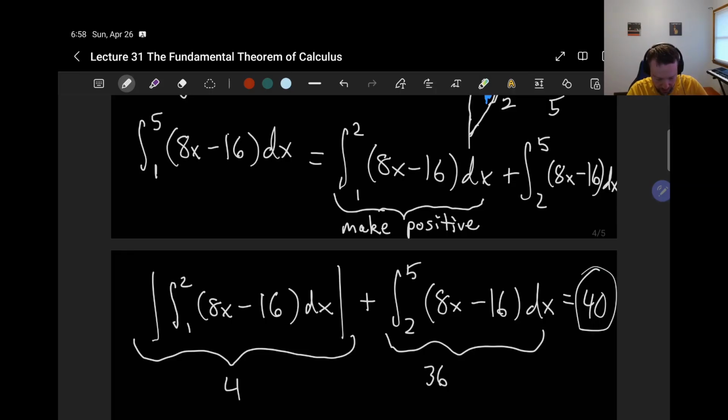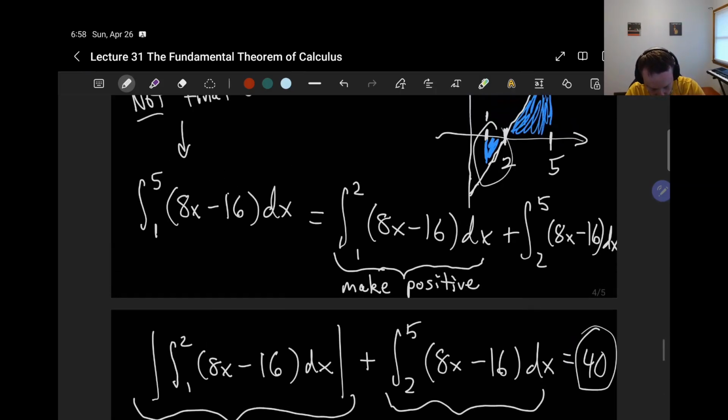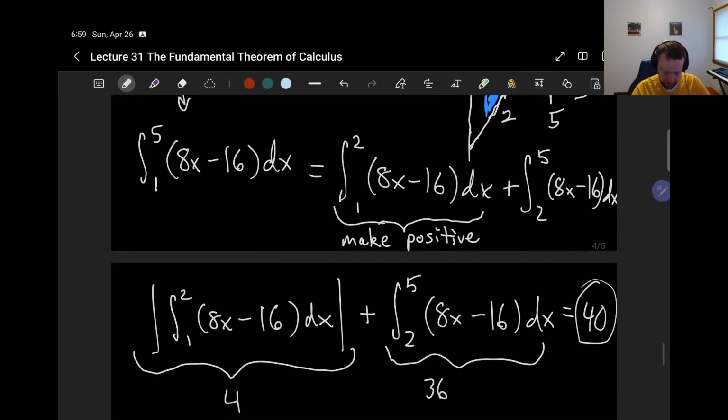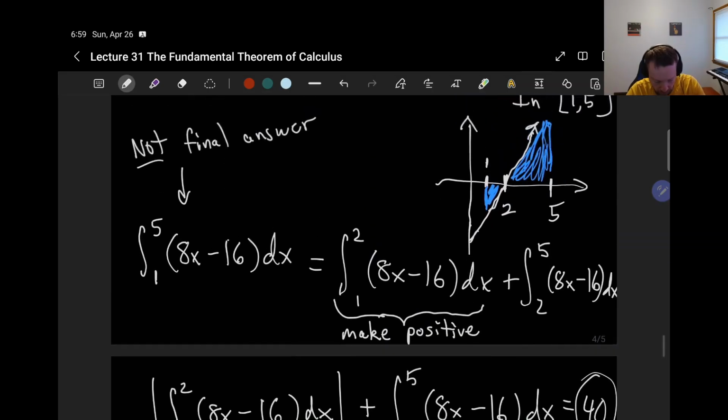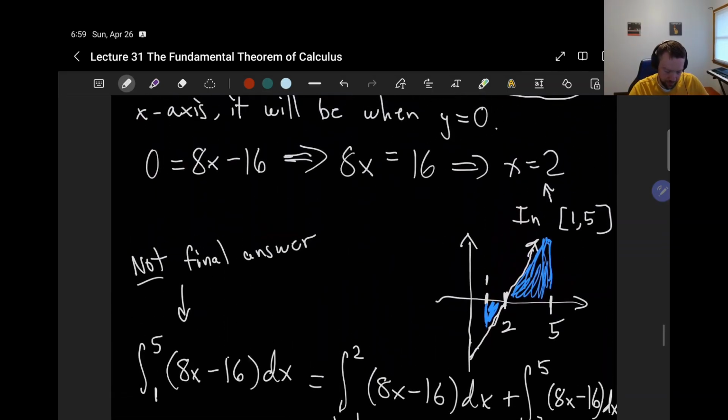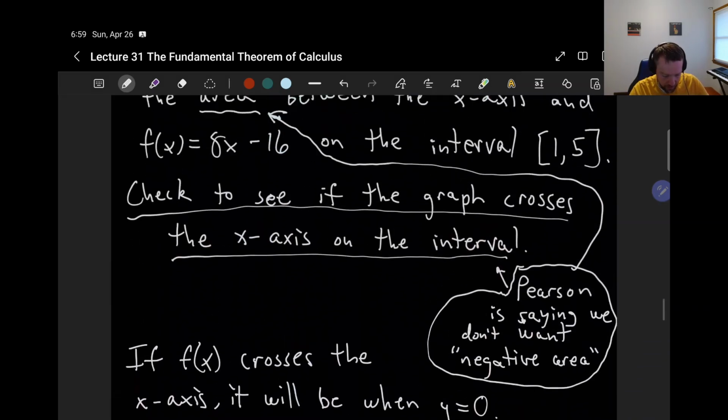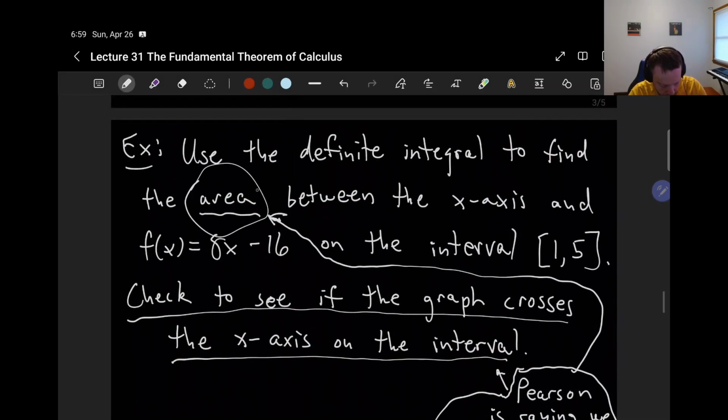And again, that is counting this lower triangle here as positive. So that gets a little tricky. You just have to find that place where the crossing happens. And that's how you get specifically area, purely positive area.